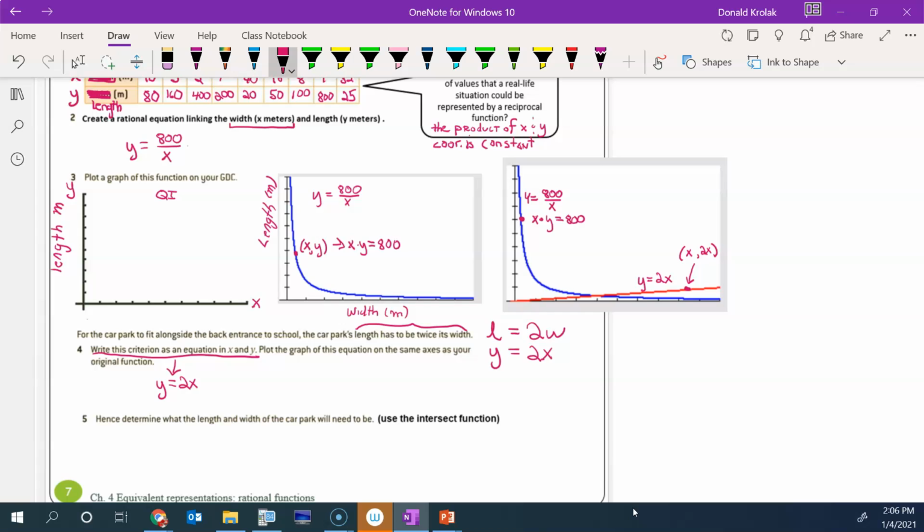Okay, so where would I look on that graph, guys, to find a pair of numbers where the length is twice the width and the product of the two numbers is 800? Where do you look for it on that drawing?